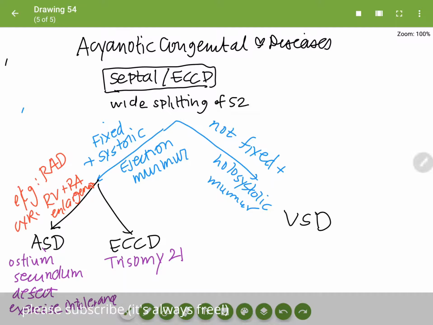So in this ECCD, it's basically an ASD plus a VSD plus AV valve abnormality.